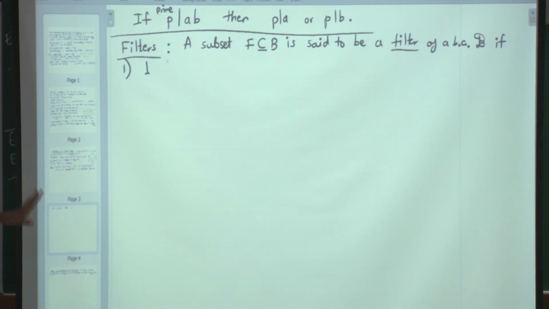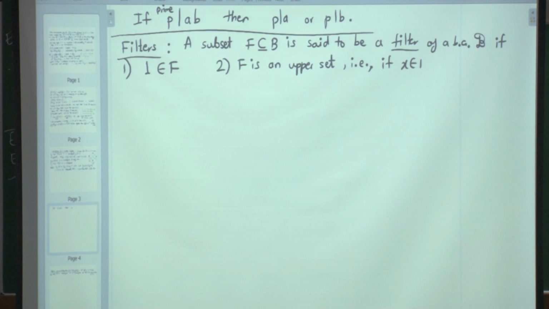If I want it to be non-empty, then the first property is that 1 must belong to F. Second property, that F is an upper subset, i.e. if x belongs to F and x is less than or equal to y, then y also belongs to F.